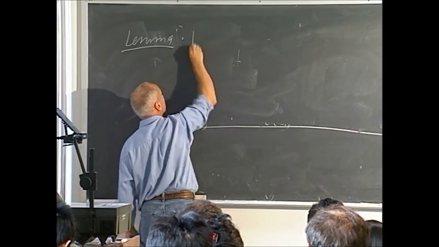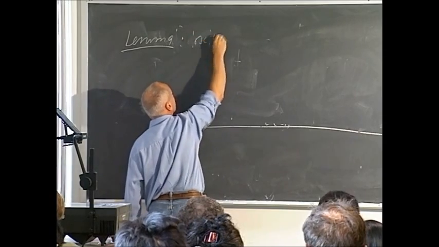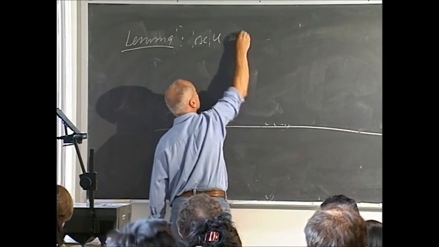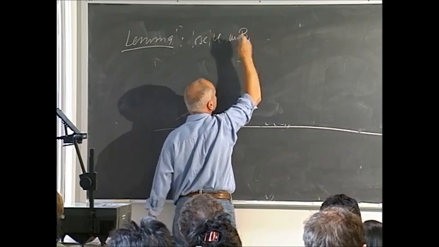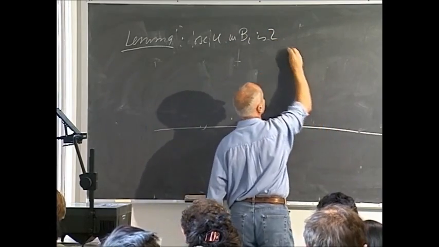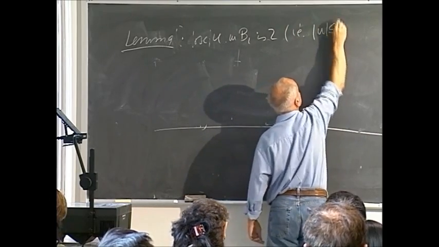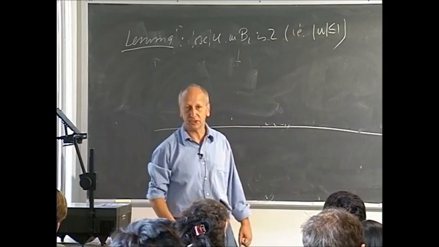Let's say that the oscillation of u in the ball of radius 1 is, let's say, 2. In other words, we can normalize it so that the absolute value of u is less or equal than 1. Okay.